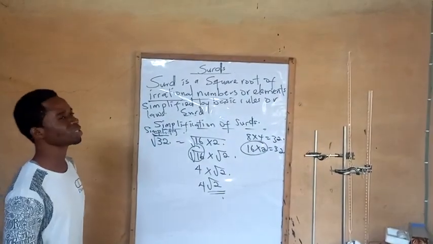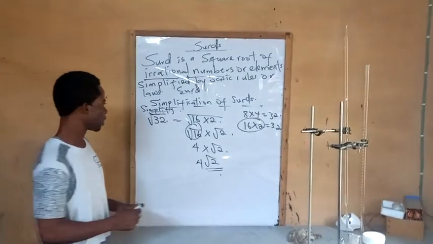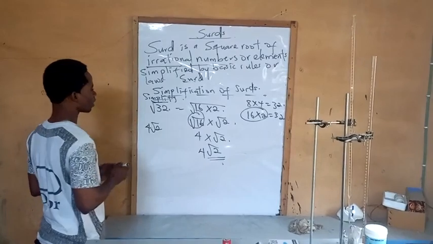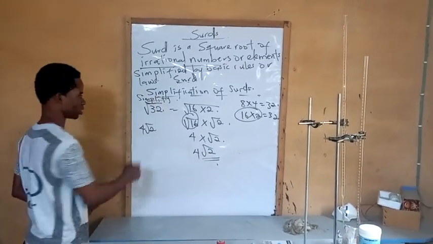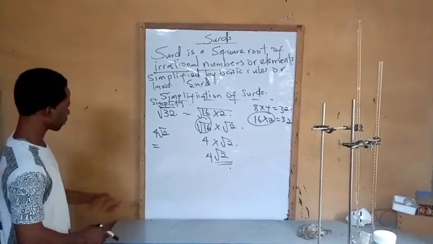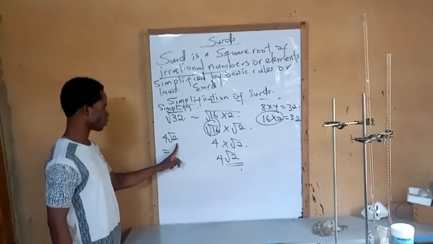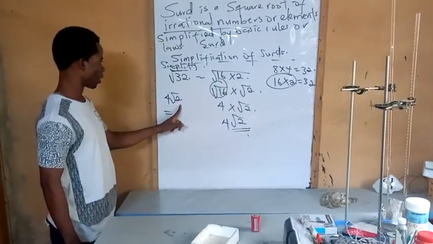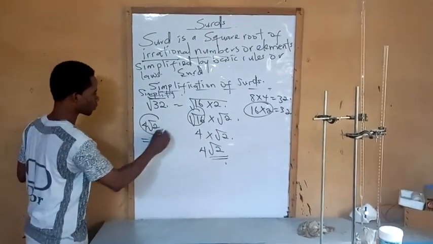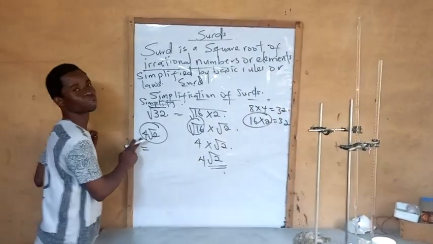Now, at times you will see it in your books or anywhere. They can write something like 4 root 2 and tell you to write it as a single surd. What does that mean? Whatever you have here, you multiply it twice.